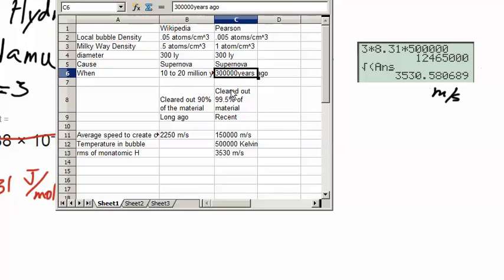Another reason to suspect that is that a blast that cleared out 99.5% of the material in space coming through just 300,000 years ago, there should be some kind of fossil record, I would think, of something like that.